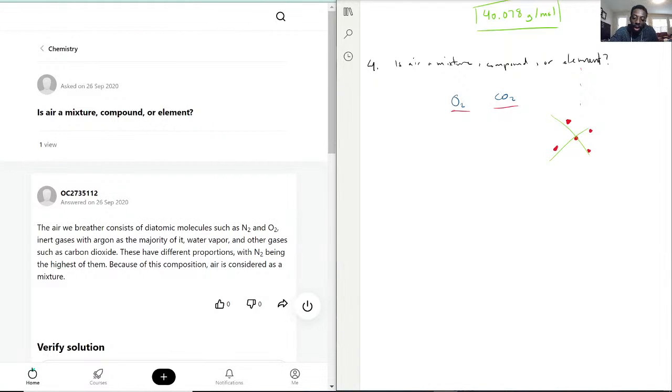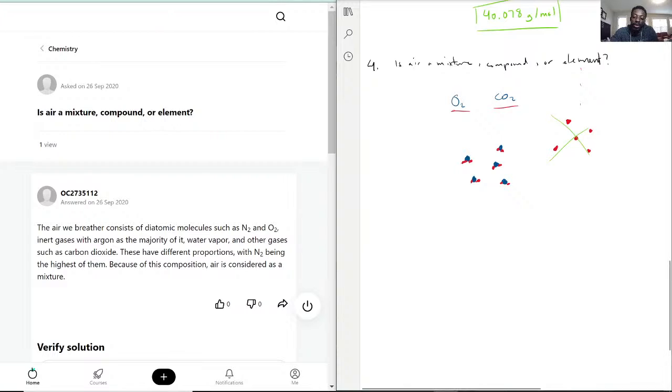Now if it was a compound, it'd be almost like the same thing, but for compounds, this is just an example compound here, everything there would look the same, okay? That is the key for a compound, is that everything there looks the same.